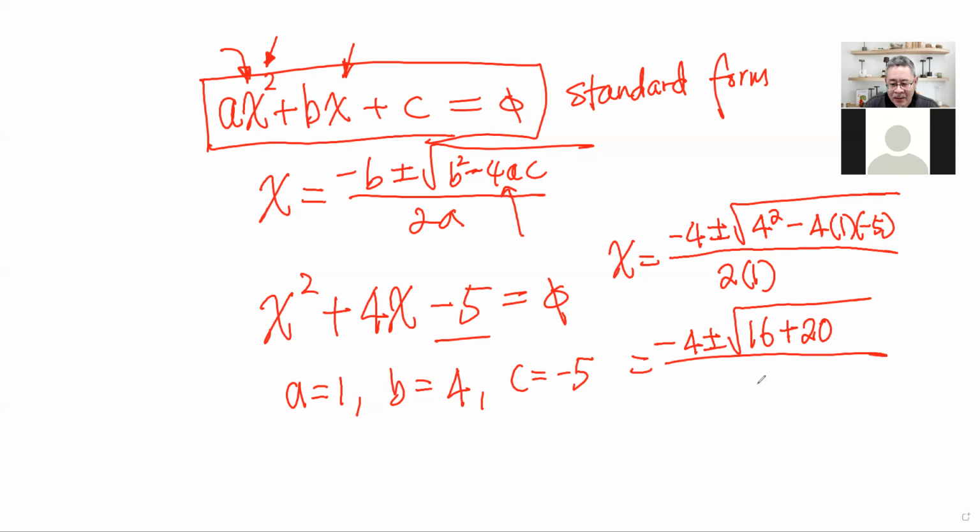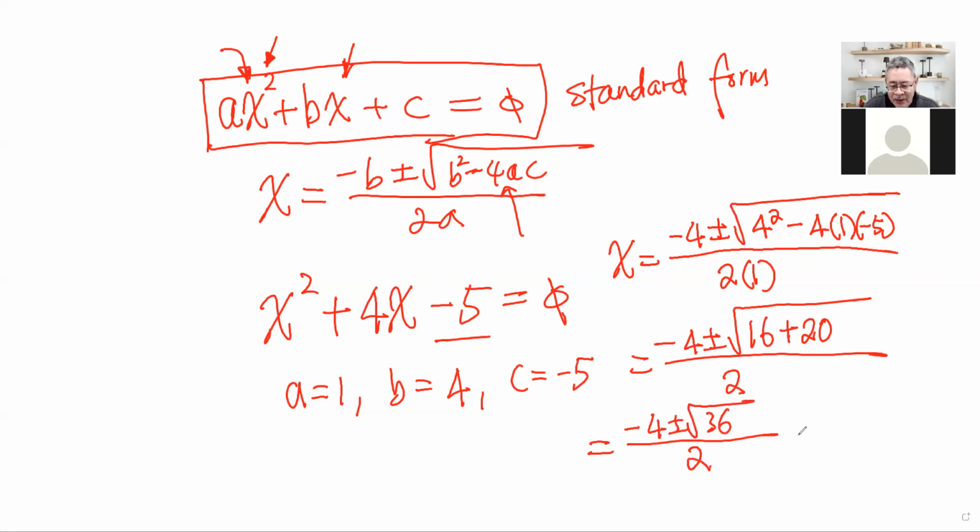Okay, so I guess that's where I got confused, because I accidentally left 5 as a positive, and I subtracted. That's 16, minus a negative 20, so it's negative, and that gives us plus 20, right? Yep. Bottom is 2. Then we have -4 plus minus the square root of 36.